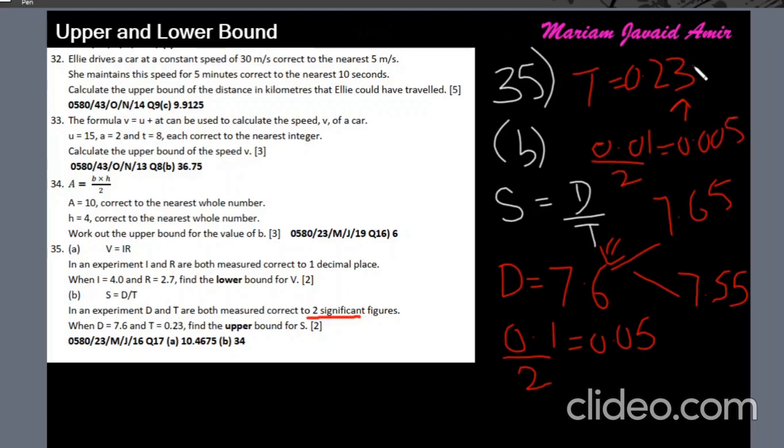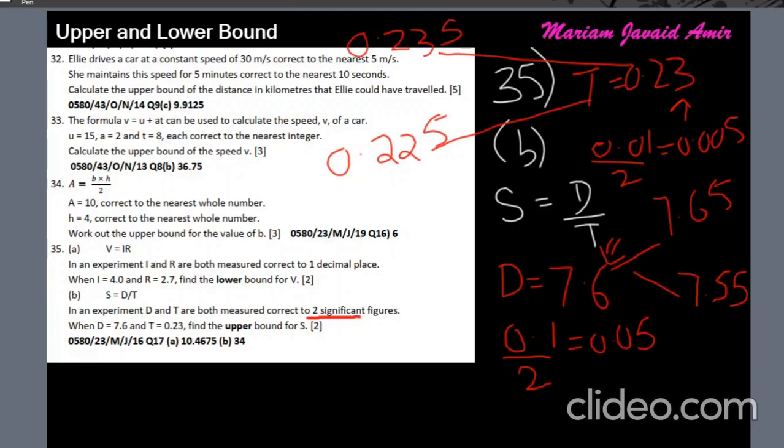Now add this to 0.23, we get, let me write it somewhere else. Upper bound will be 0.235 and lower bound will be 0.225. Alright, by adding 0.005 and by subtracting 0.005 from 0.23.